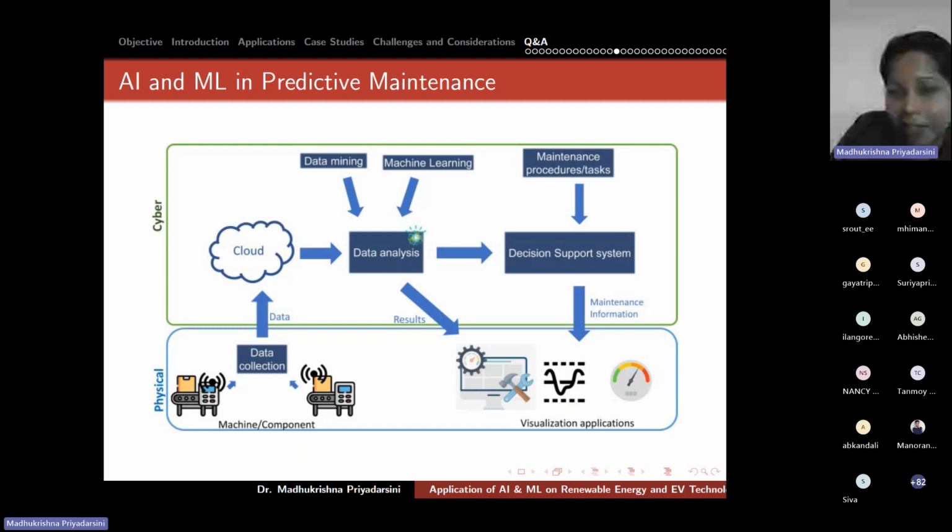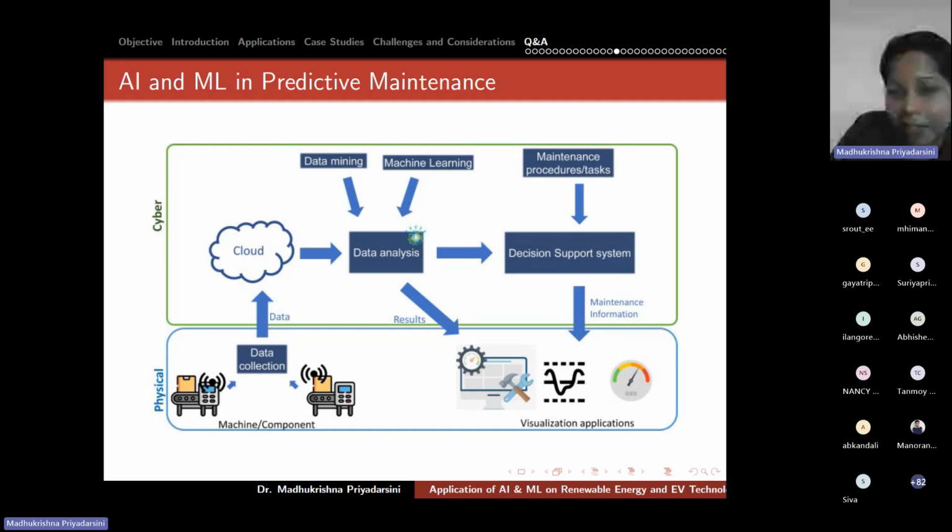Like in the predictive maintenance we have seen, we are going to find out how this also again gives to the visualization application, or you can say your output terms. So these two, the analysis and the support system, are providing your response to the environment.